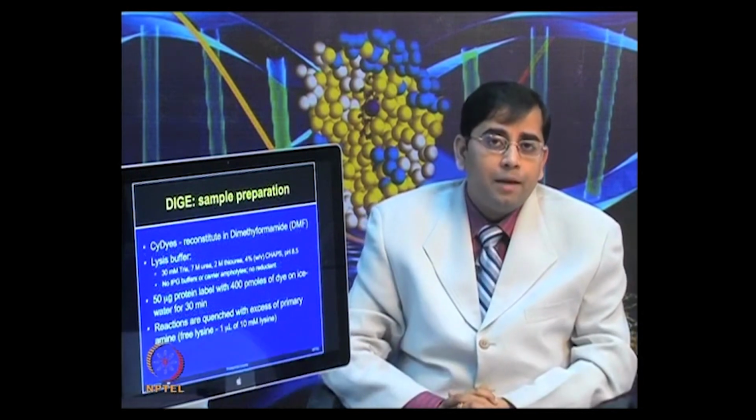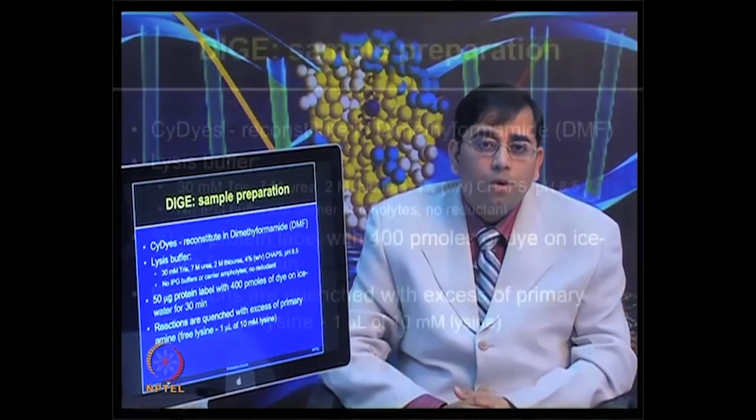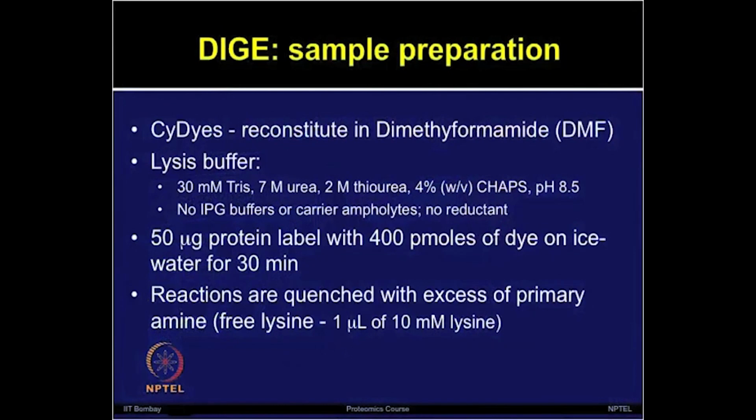So, how to prepare the sample to perform the DIGE experiment? First of all, you need to reconstitute your dye in dimethylformamide or DMF. The lysis buffer, in which your protein sample is going to be dissolved, consists of 30 millimolar Tris, 7 molar urea, 2 molar thiourea, 4% CHAPS, and you have to adjust the pH to 8.5.